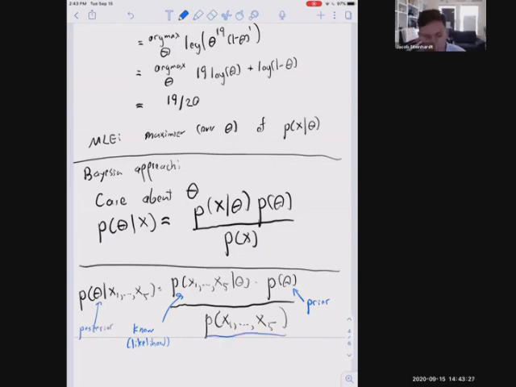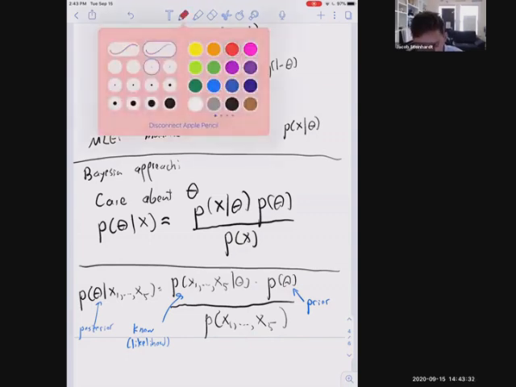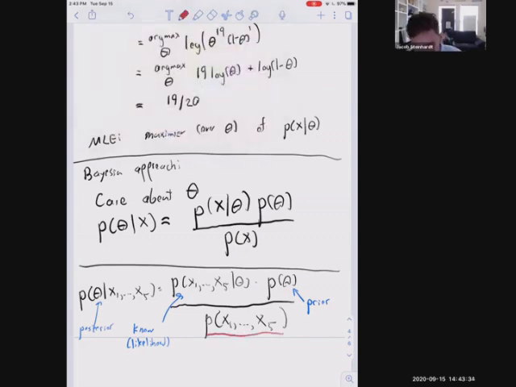I don't think that Mike gave this a name. If he did, let me know. I'll put it in red because we're just not going to care about this one, because if you think about it, this is a constant because it's the probability of the observed data.